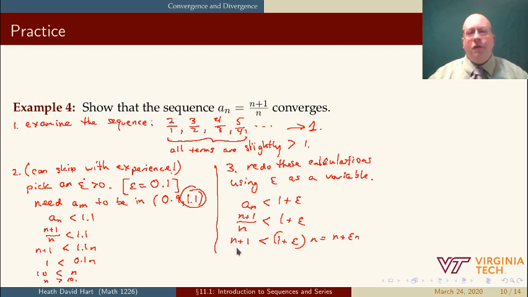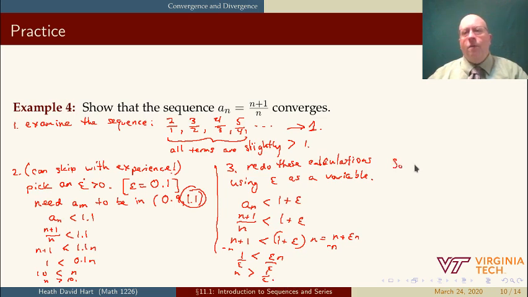Subtract n from both sides, and we get 1 is less than epsilon n. And then divide both sides by epsilon, and we get n is greater than 1 over epsilon.